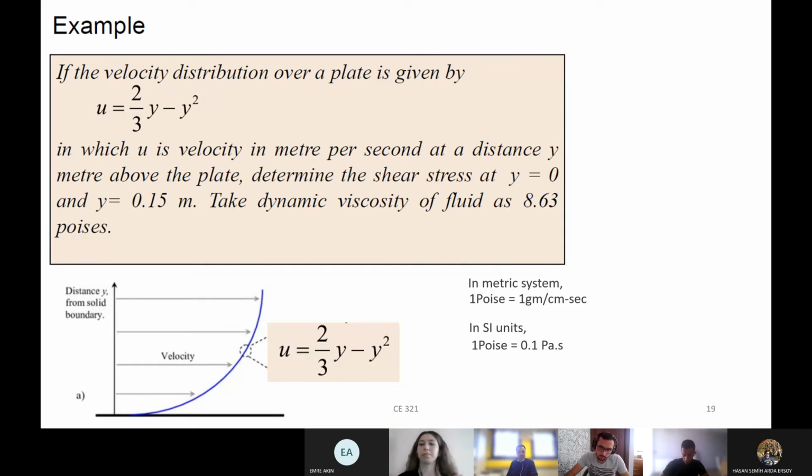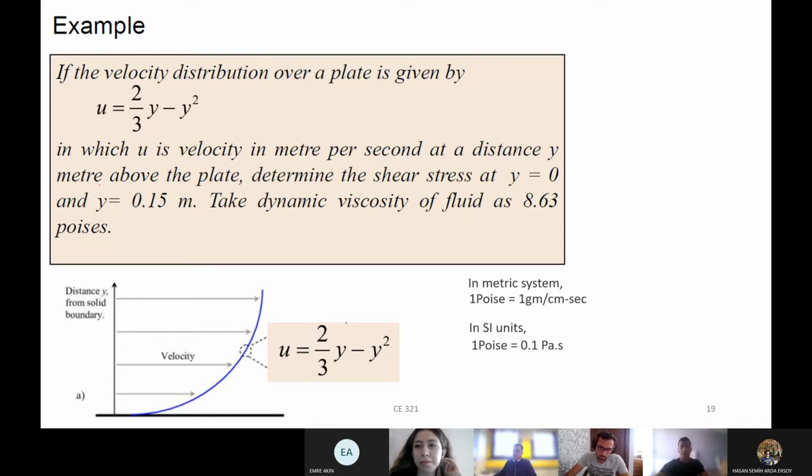Let's solve together. If the velocity distribution over a plate is given by this equation, do you remember I talked about velocity profile or velocity curve or velocity distribution? This is the function that's showing that curve.